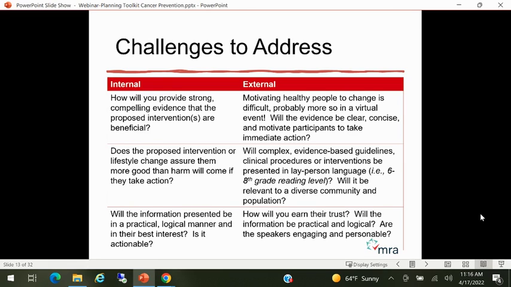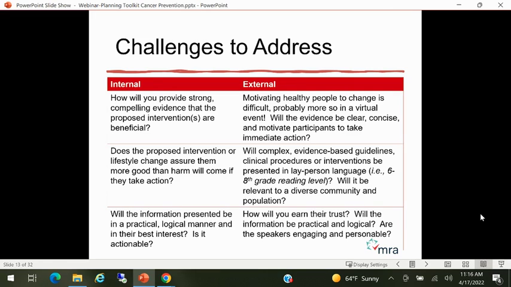And then it needs to be relevant to them. There's no point in discussing a complex screening procedure or changing a behavior if the community doesn't understand the basics and the basic concept before that.